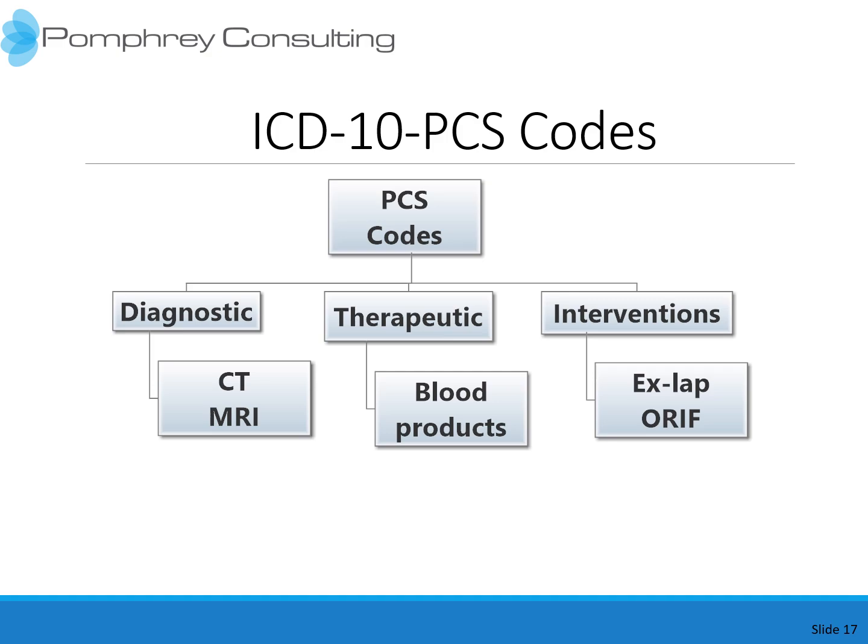Did the patient receive a blood transfusion, whatever else? And then intervention. So did they go in, what surgery was performed, etc., would be intervention. So these are the different buckets that you could identify using procedure codes. And as I mentioned, we have several lectures that will go into how to use the procedure code book.